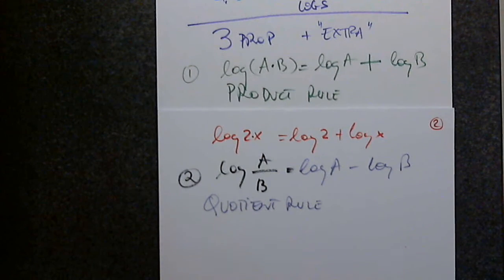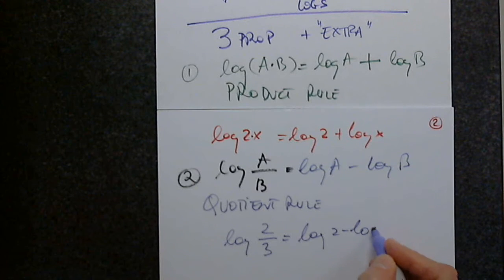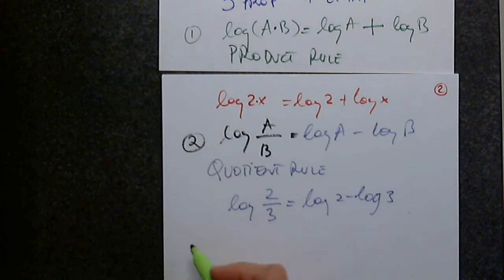So here's an example. Log of 2 over 3 is, what do you think? That's it. Excellent. Good. So one more property. Property number 3.